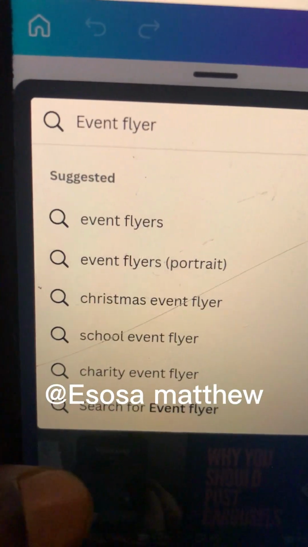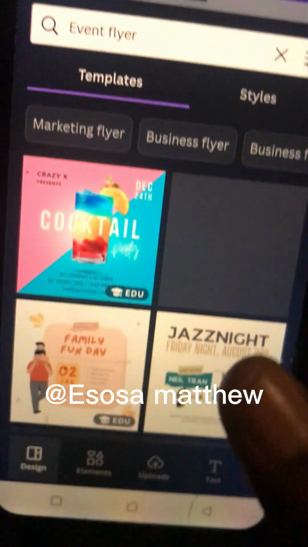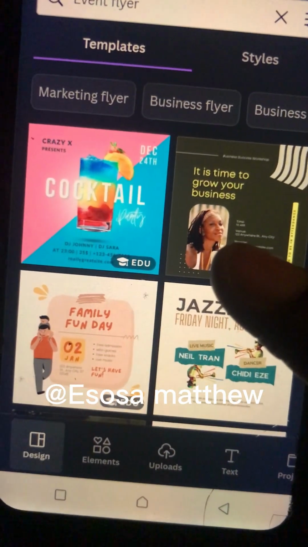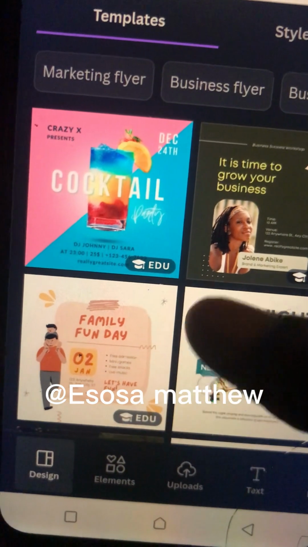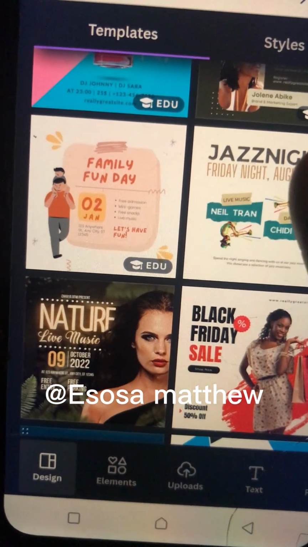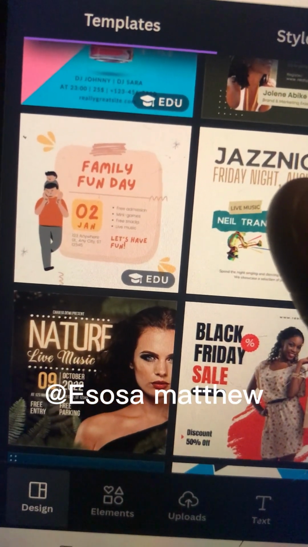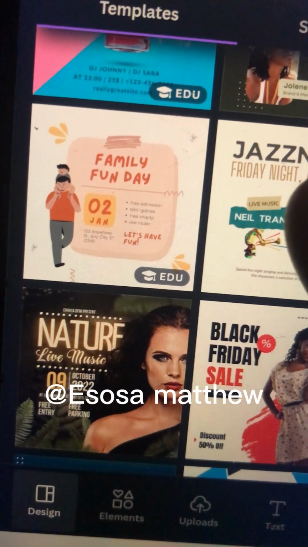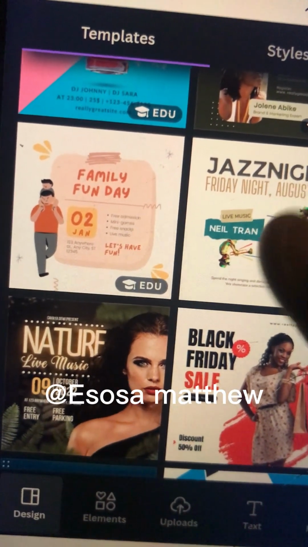I'm looking for event flyers on Canva. All right, so these are different templates of event flyers. Like I said, they can be used to promote events such as birthdays, weddings, holidays, conferences, and graduation.